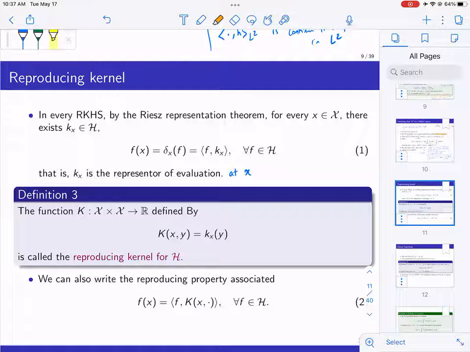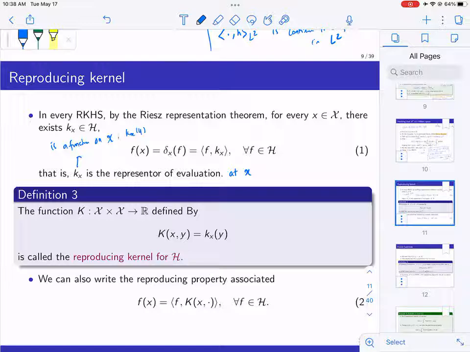Now, if I look at this, kx is basically a function itself, right? kx is a function because it's an element of the Hilbert space, a function on x. So I can write it as kx(y).